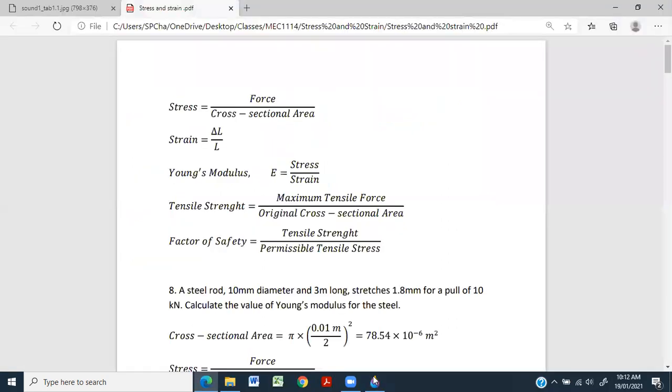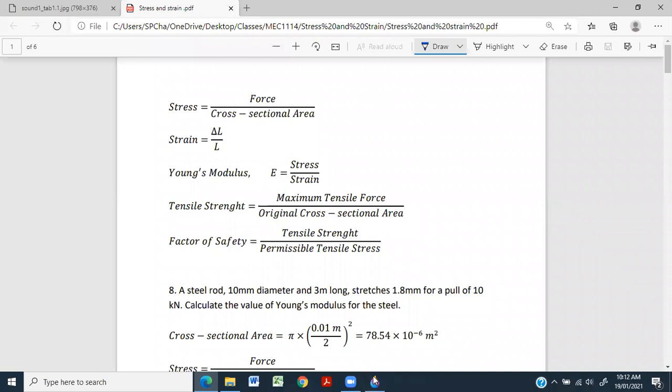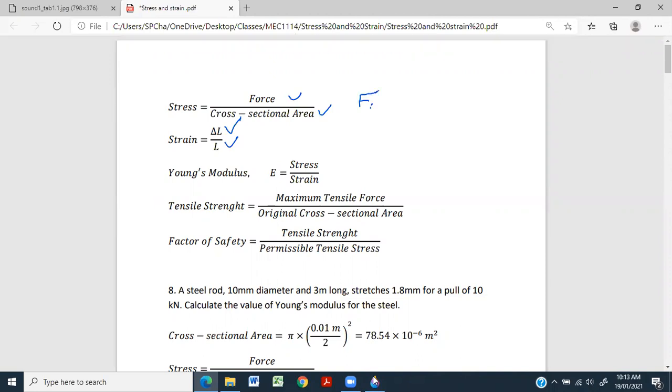So the formula for strain is change in length divided by length. And for stress is force divided by cross-sectional area. All right, good. So this is how we define things like forces and changes in length, extensions, or elongations in terms of the material, in terms of the body.